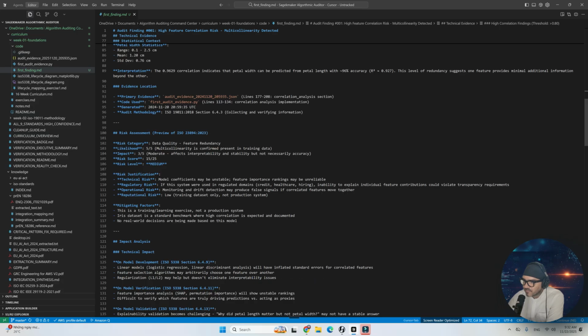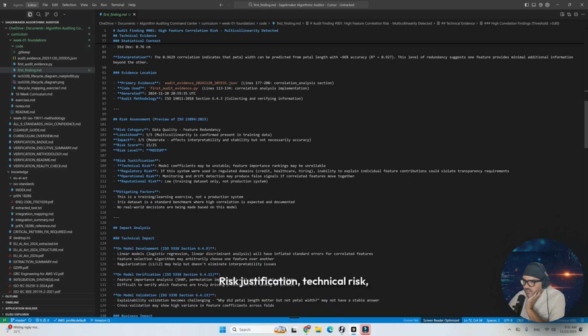Risk assessment preview for ISO 23894. Risk category: data quality, feature redundancy. Likelihood 5 out of 5, multicollinearity confirmed present in training data. Impact 3 out of 5, moderate, affects interpretability and stability but not necessarily accuracy. Risk score 15 out of 25 with a medium rating.